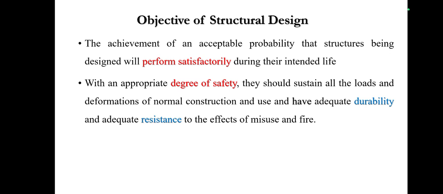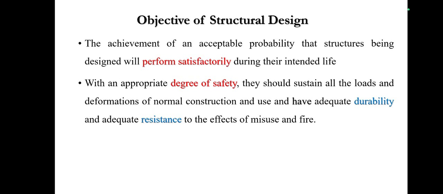The next objective is that, with an appropriate degree of safety, they should sustain all the loads and deformations of normal construction and use, and have adequate durability and adequate resistance to the effects of misuse and fire. First of all, the structure needs to satisfy the design conditions.